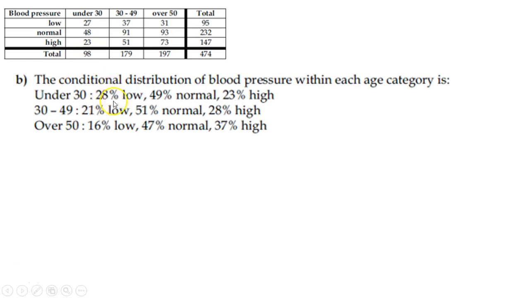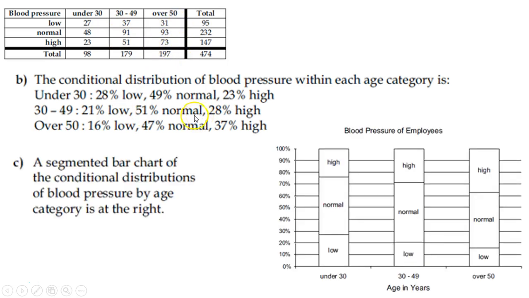To get to that 28% for low for each age, you're just going to divide them down. 27 divided by 98 is roughly 28%. 48 divided by 98 is roughly 49%. 23 divided by 98 is roughly 23%. And so on for this category. Divide each of those for the 50, and that's where they're coming from.